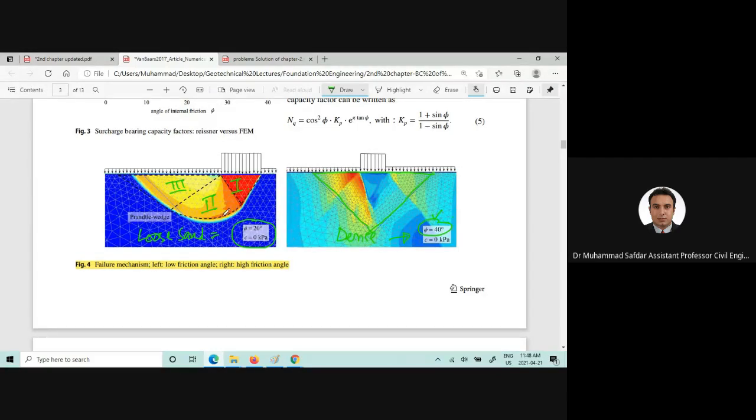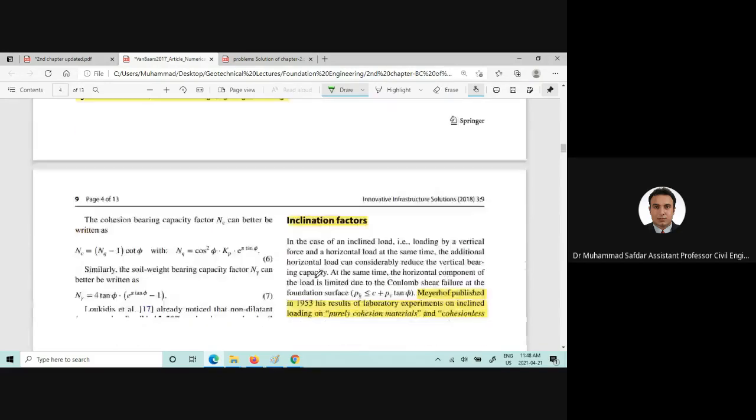Here it's a three-zone failure mechanism, but we have an elastic wedge type of failure in the case of very dense sands. So this is the numerical comparison.